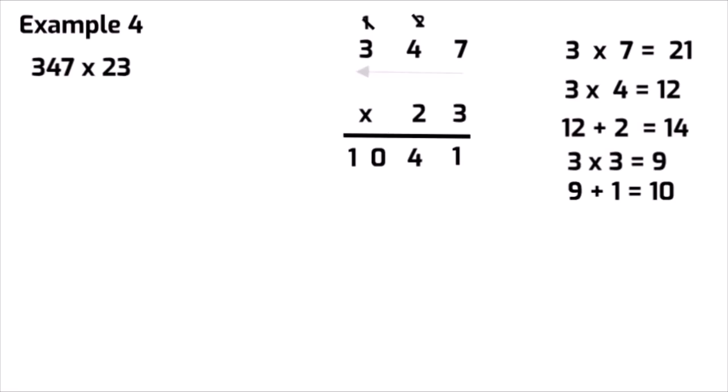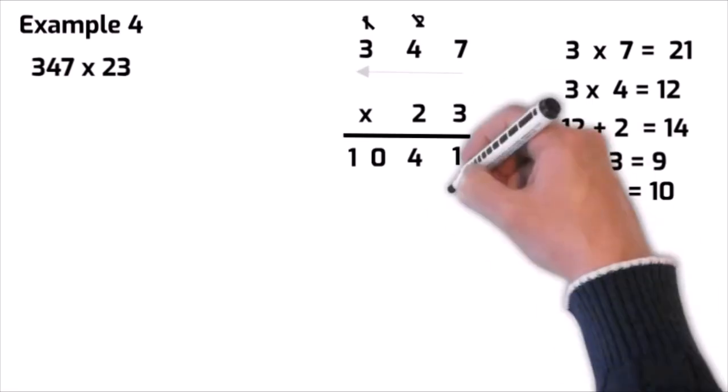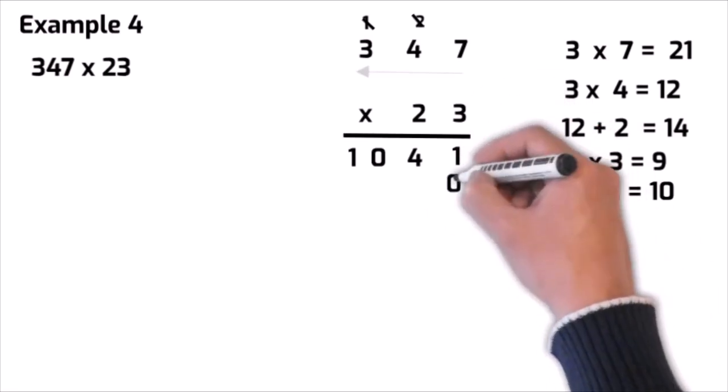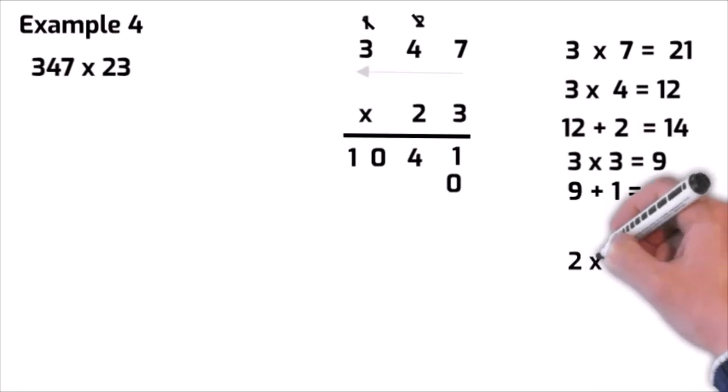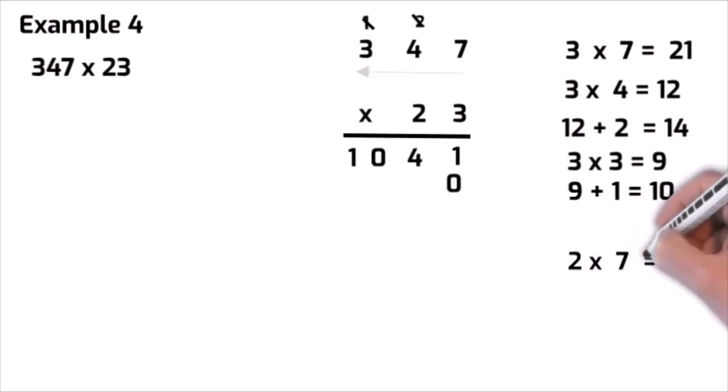However, before we start multiplying, we need to leave a space or write down 0. In this instance, we'll write down 0. Now, we multiply 2 times 7. 2 times 7 is 14.